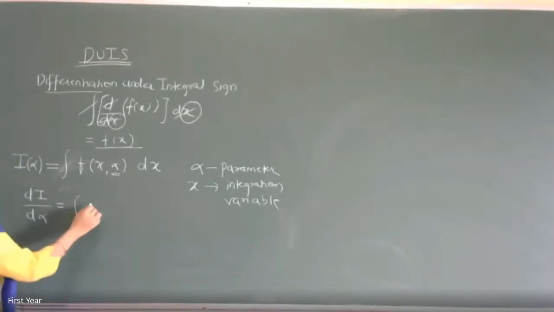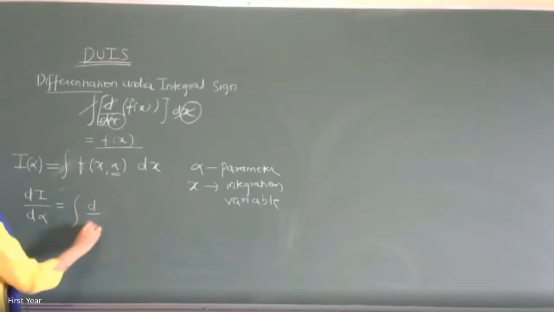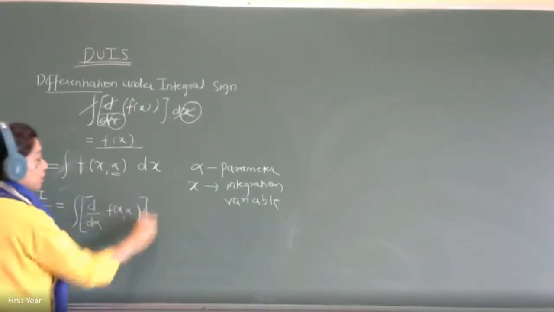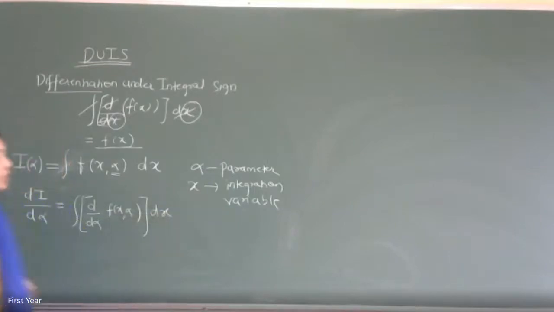Differentiation should be done with respect to alpha of f of x comma alpha, and then whatever is the answer, it's integration. And if I want the answer of this integration, I will have to again solve this and get back the answer. Is this okay? Are you getting what we are going to do and what is the need?